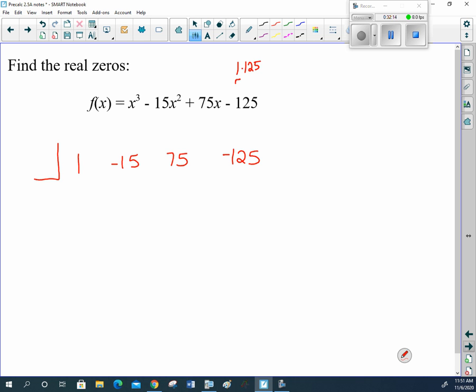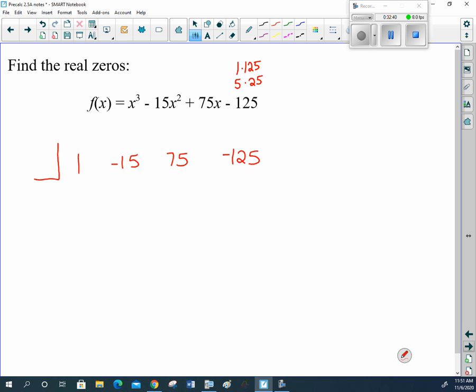And 5 times 25, right? What else goes into 125? Is that it? That would be our choices. If it was a rational zero, it'd have to be one of those numbers.